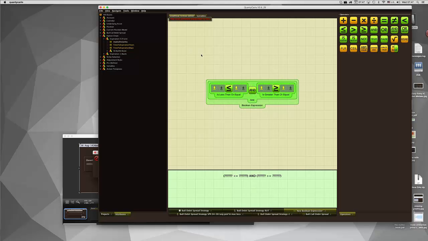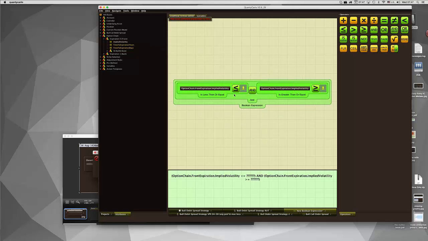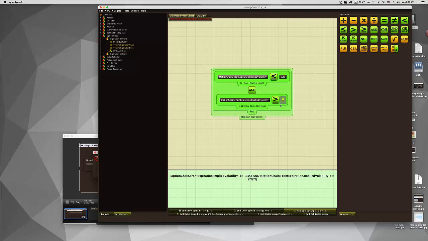So let's say, for example, I want my implied volatility to be less than or equal to 35. If it's over 35, I don't want to trade. And if it's under 20, let's say, I don't want to trade. So I'll put a 0.2 there, and there we have it.